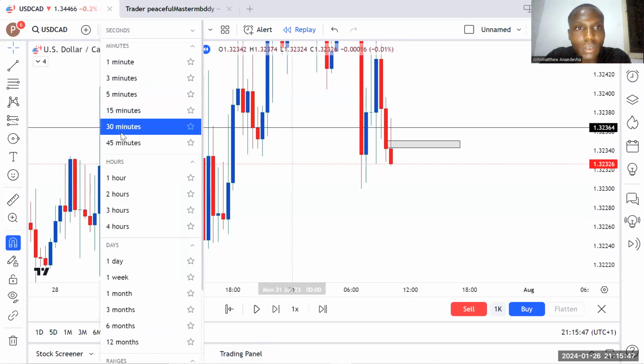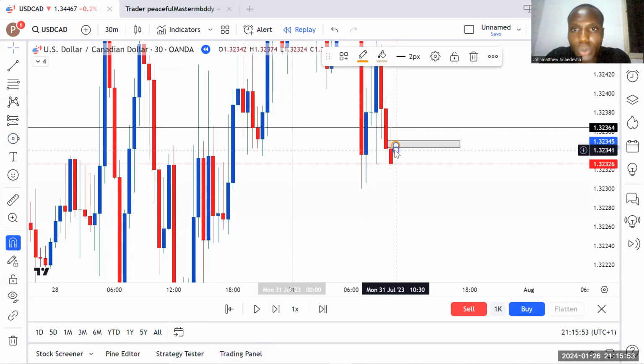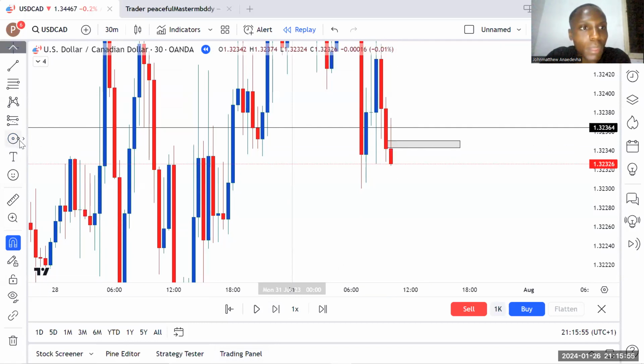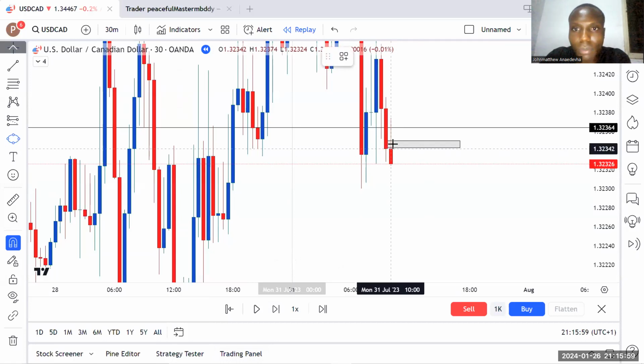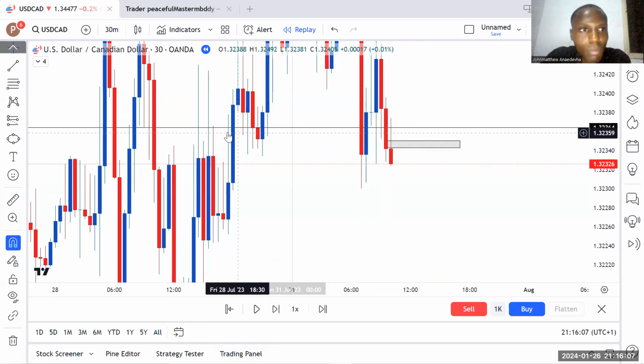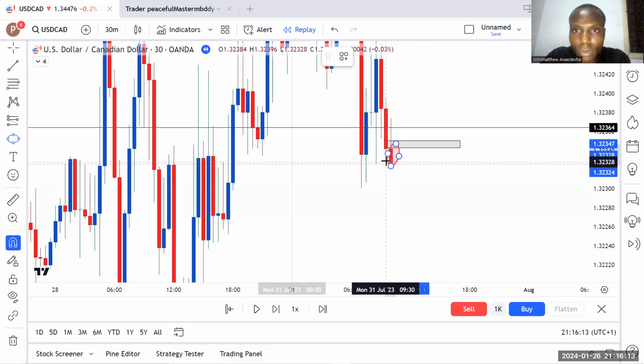Let's move to the 15-minute, but let me mark it out. Let me ellipse it so that we can be clearer on it when we see it on the lower time frame. So we have that now.